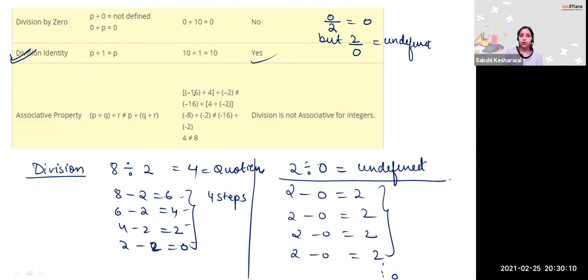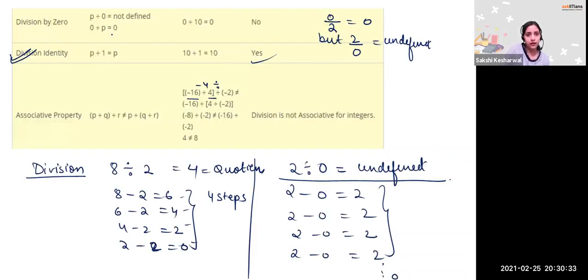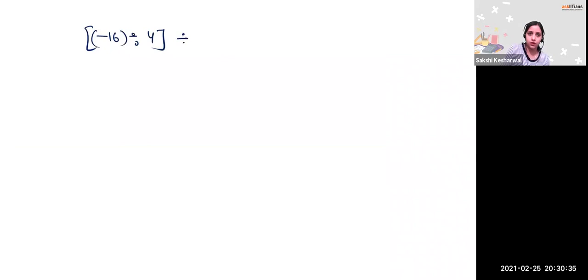So it says it's like minus 16 divided by 4. I'll write it over here. It will be minus 4 and then divided by what? These are the steps, right? I'll write minus 16 divided by 4, and then divided by minus 2.